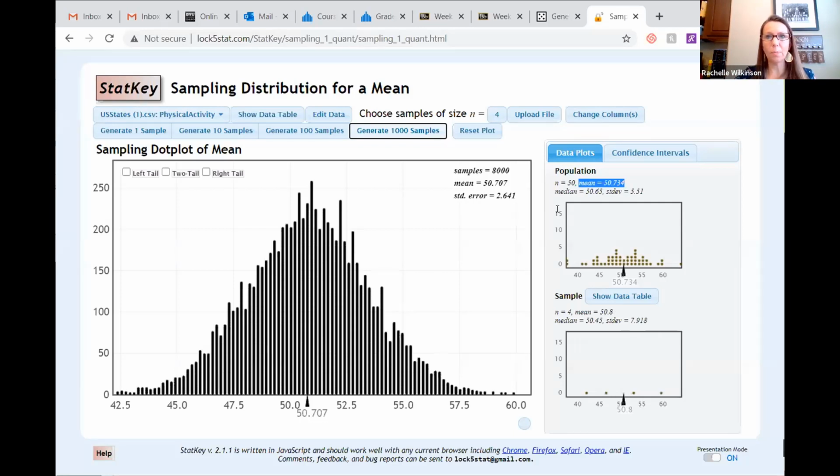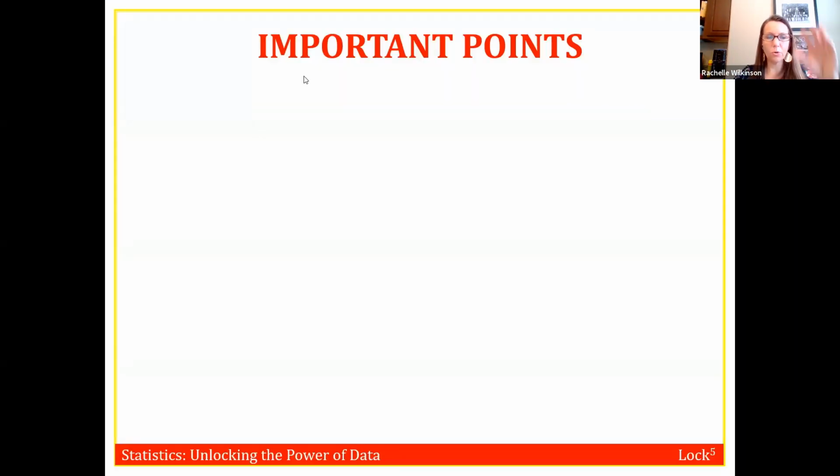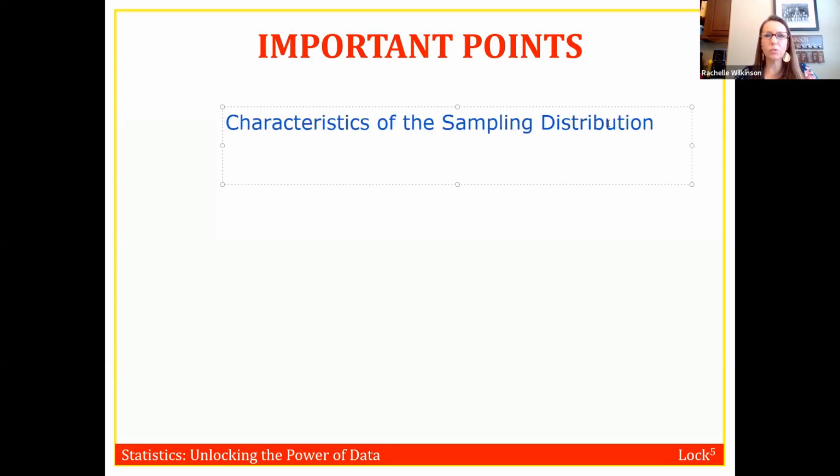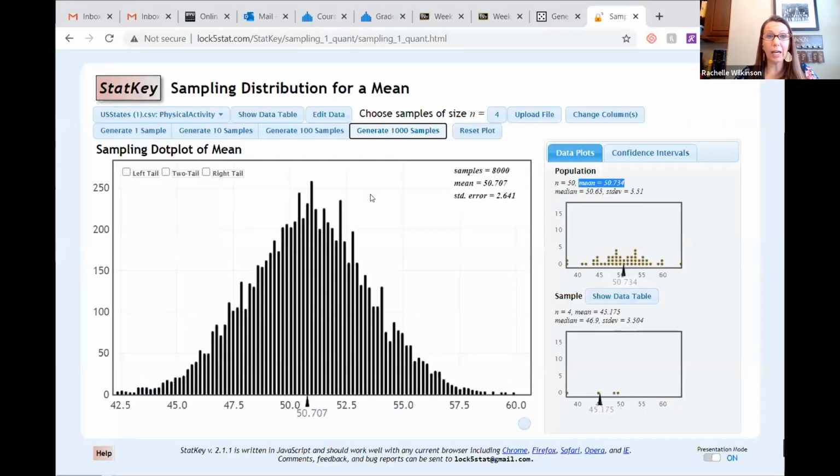All right, so I want to go back to the presentation and write down some of this stuff, and then we're going to look at just a couple more things here. So, before we had sampling distribution up here. These are some characteristics of the sampling distribution. And really here, just going back to my graph, I'm looking at a dot plot, right?